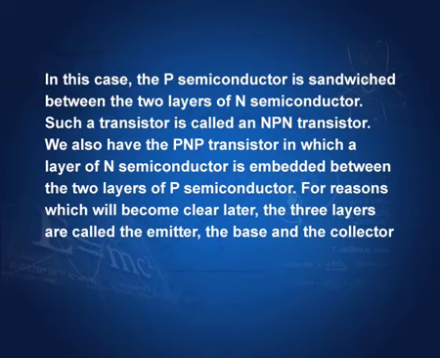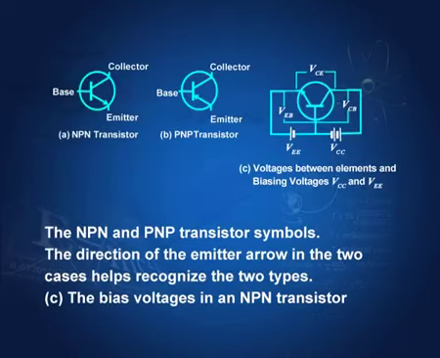So, we can have an n-p-n transistor or a p-n-p transistor. These are the symbols for the n-p-n transistor and p-n-p transistor. The emitter is shown by an arrow and collector is without an arrow, and base is shown like this. So, this is the symbol of an n-p-n transistor.